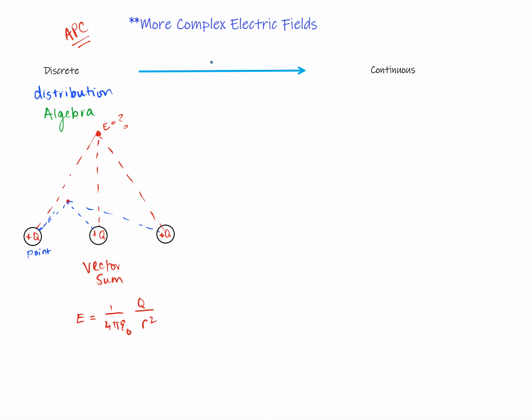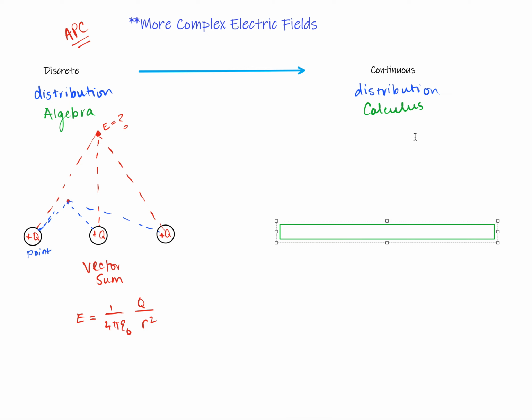But now we're going to move to a point where we have continuous distributions. And continuous distributions rely on concepts of calculus in order to define the electric field. So what do we mean by that? Well, perhaps we have a bar of charge. So we have a metal bar and it's maybe placed right over here.